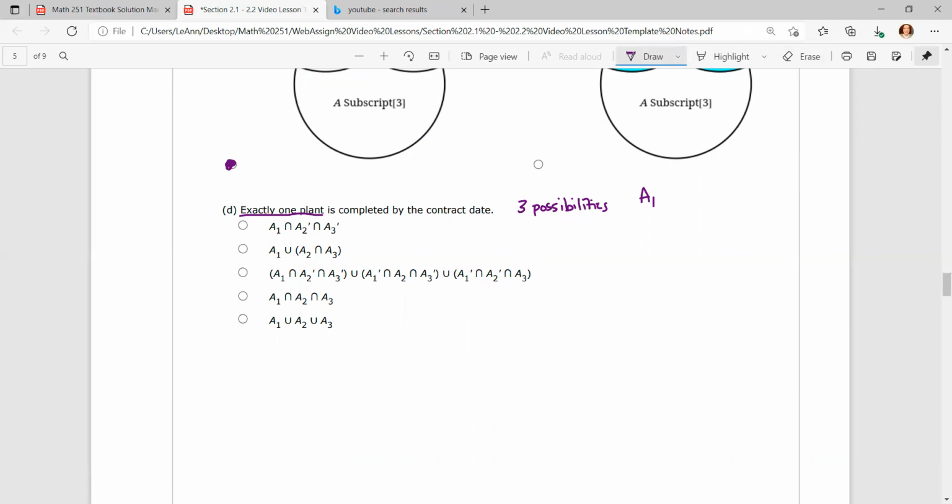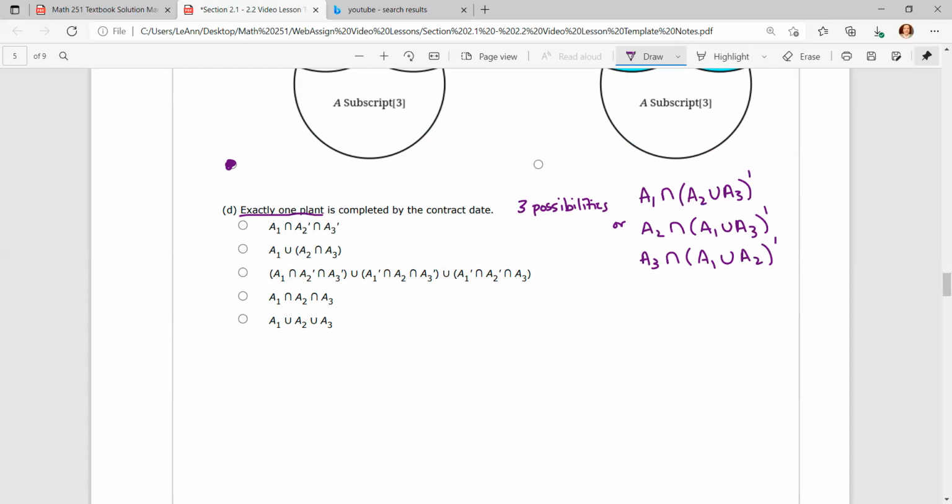So A1, we could have that one completed, intersect with not the other 2, so union those and not them. Or we could have A2 being completed and not A1 or A3. We could have A3 completed and not A1 or A2. Remember that symbol is the not symbol.